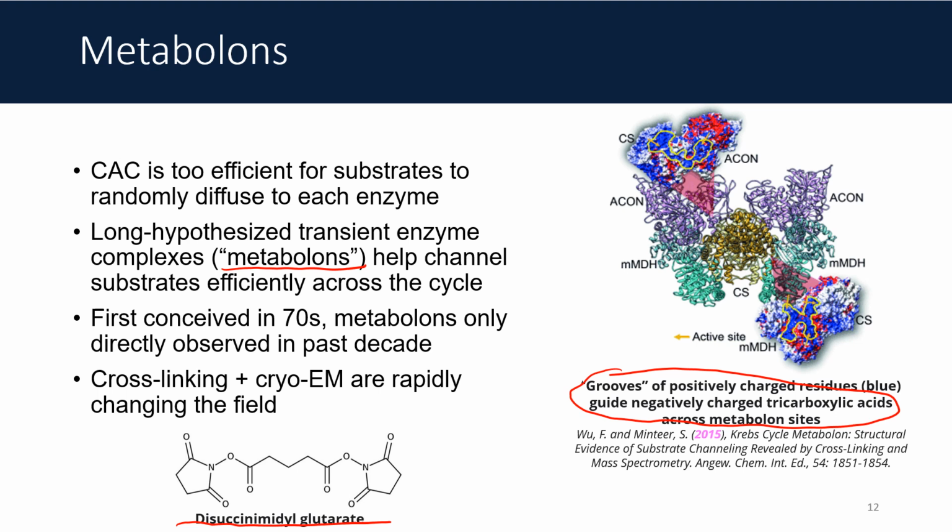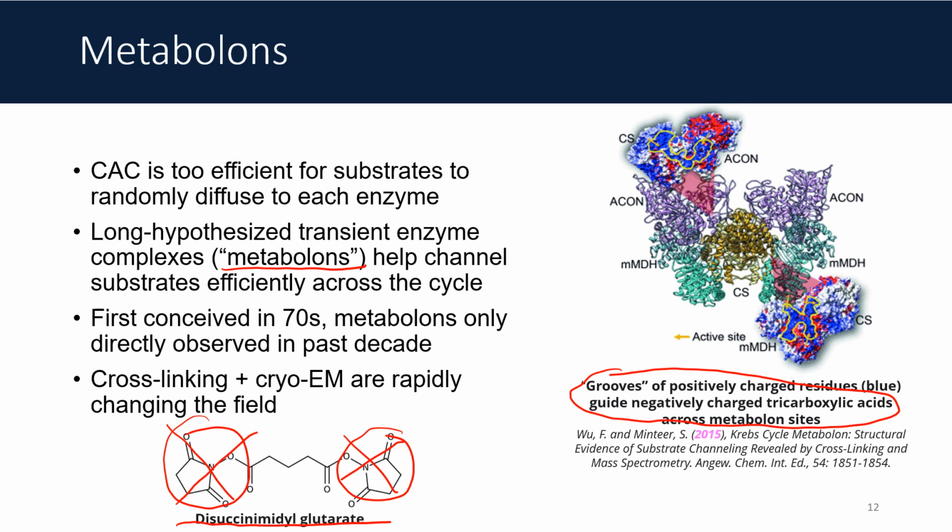These two succinimide groups are really great leaving groups. So nucleophilic lysines of the metabolic machinery would displace these two portions, and that's going to cross-link and glue the proteins of the metabolon together.